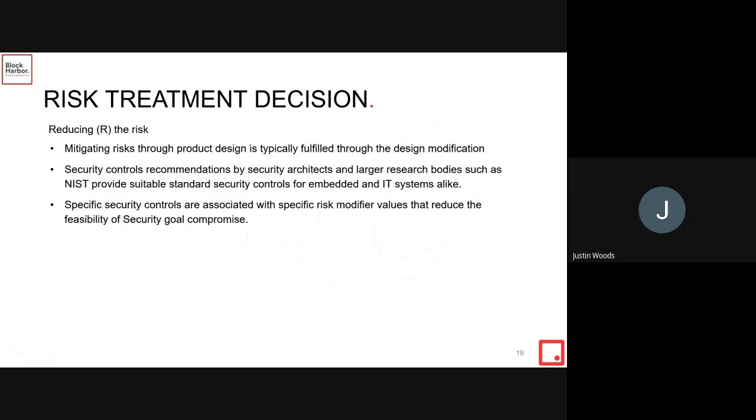So they're a good place to start when you want to look at what changes to make and what mitigation strategies you might want to employ. We also have specific security controls that are associated with specific risk modifier values that reduce the feasibility of security goal compromise. That's a lot of stuff to say that as you add controls, you are able to lower that risk and lower that feasibility, right?